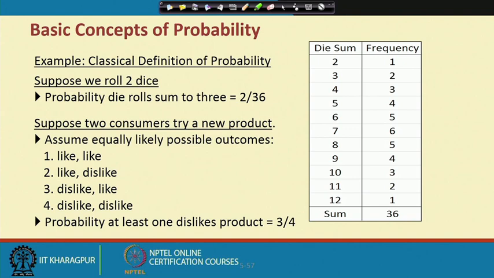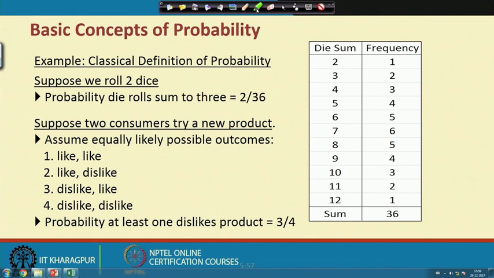When we roll 2 dice simultaneously, the occurrences will be 1 1, 1 2, 1 3, 1 4, 1 5, 1 6, then again 2 1, 2 2, 2 3, 2 4, 2 5. That means you will find plenty of such combinations.